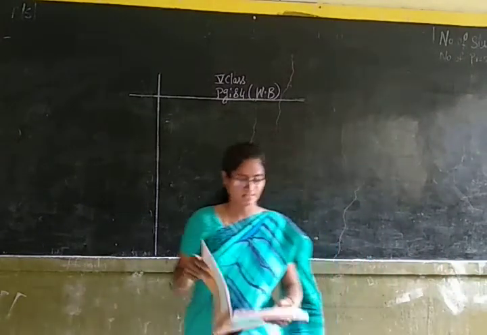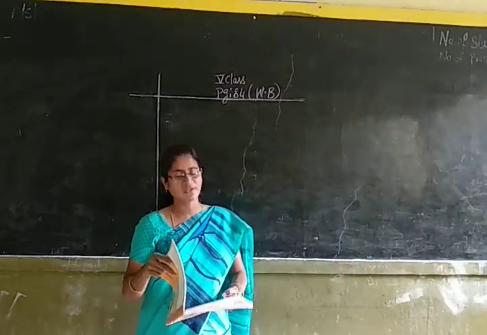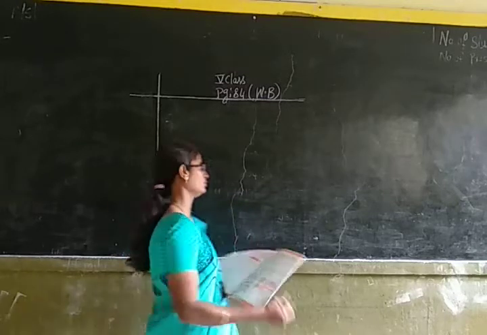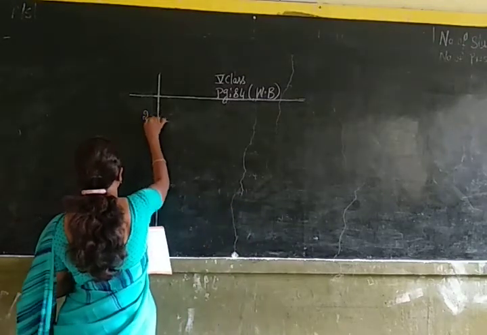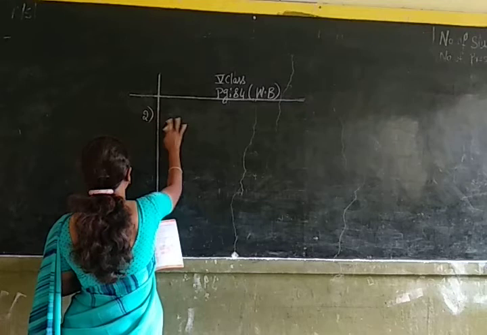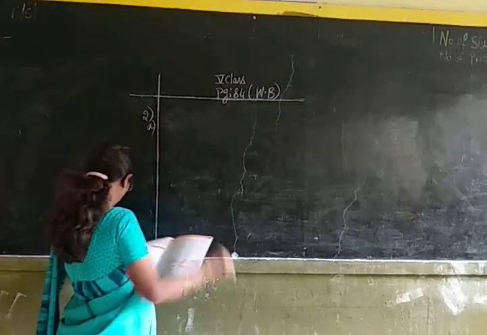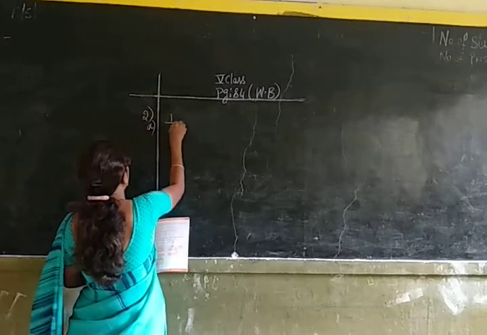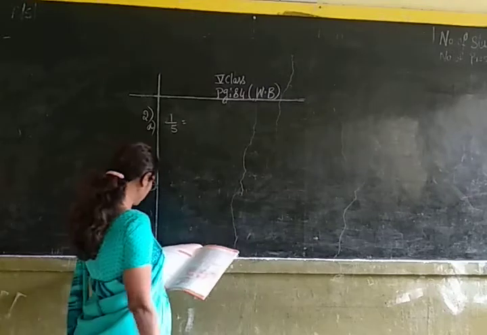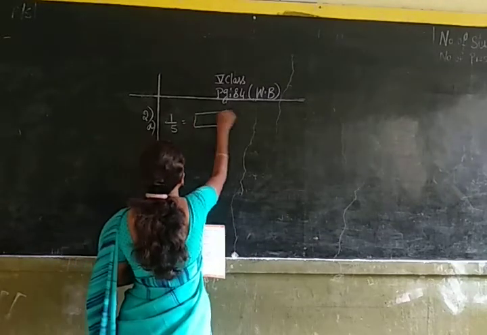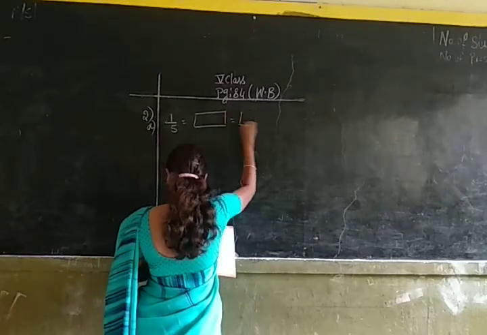So now I am reading the second question. Write the equivalent ratios of the following ratios. So here some ratios are given. We have to write down the equivalent ratios for those ratios. The first one is 1 by 5. So now let us write down the equivalent ratios for 1 by 5.